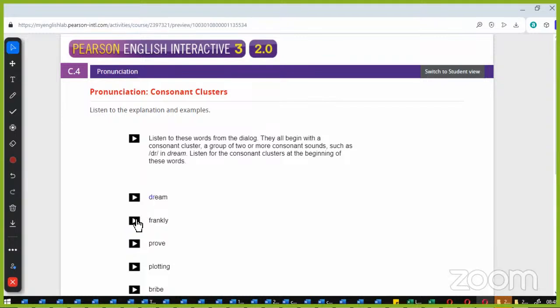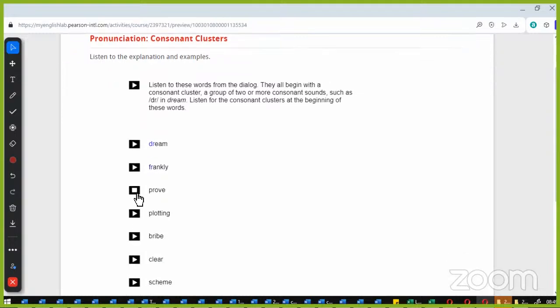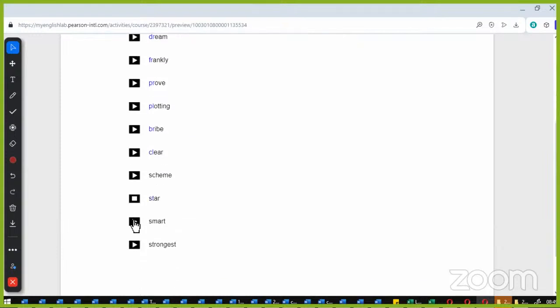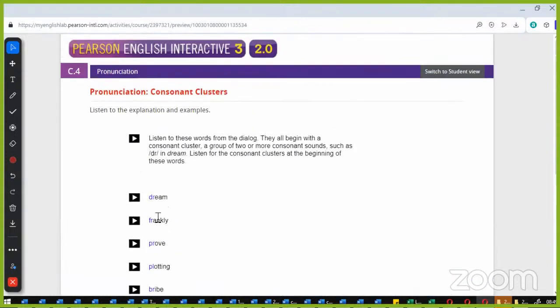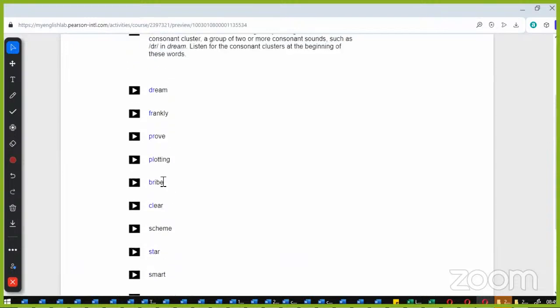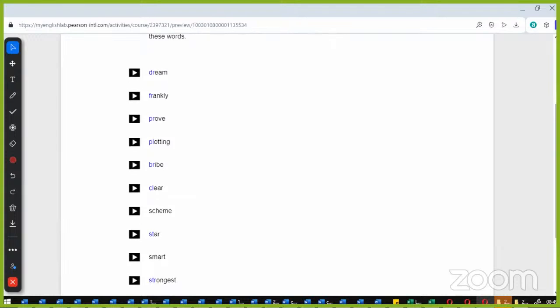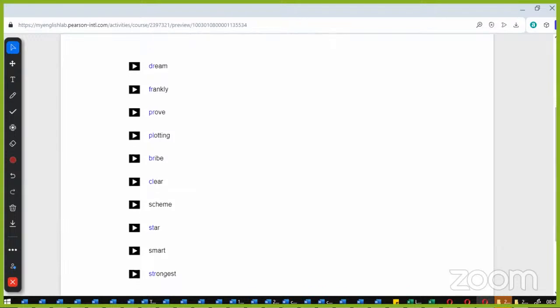Dream, frankly, prove, plotting, bribe, clear, scheme, star, smart, strongest. Okay, so let's repeat, please, all of them. Dream, frankly, prove, plotting, bribe, clear, scheme, star, smart, strongest.